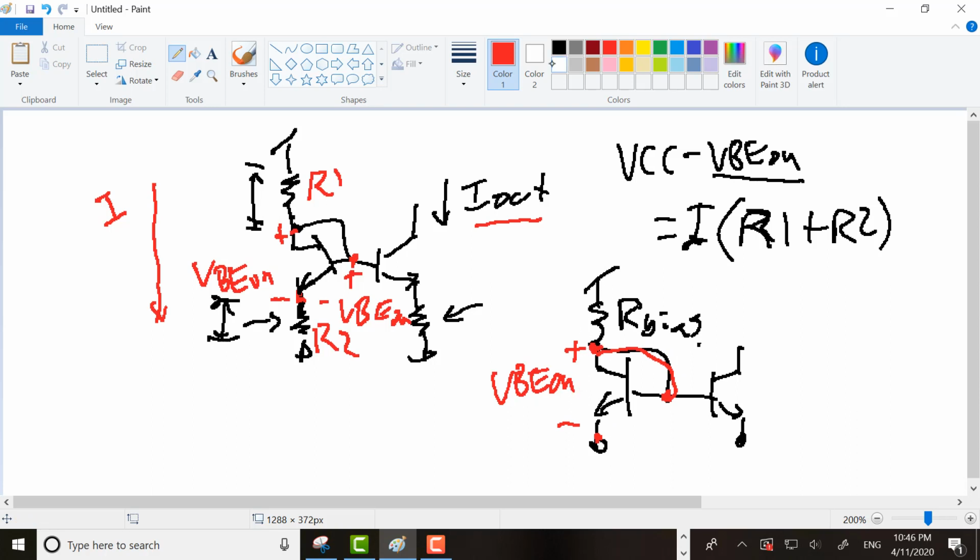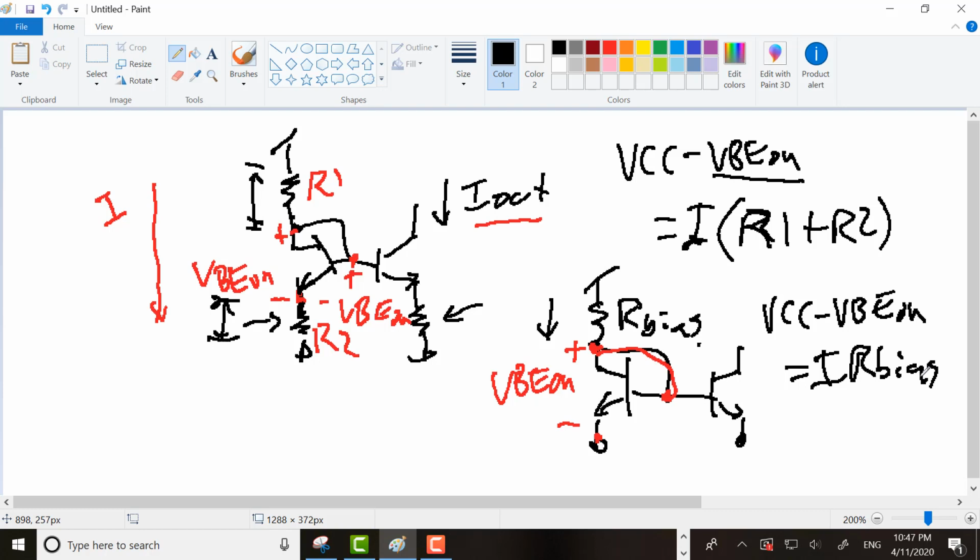And so in this case, let's look at the equation for this circuit over here for R bias. And what you have there is VCC minus VBE on equals your I. Let's say you're targeting the same I in both of these circuits, I times R bias.